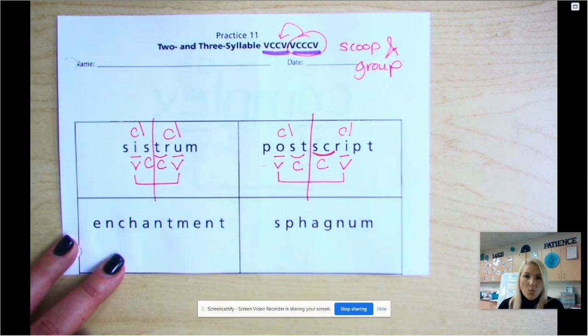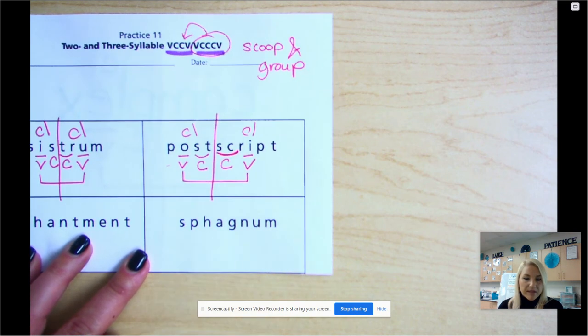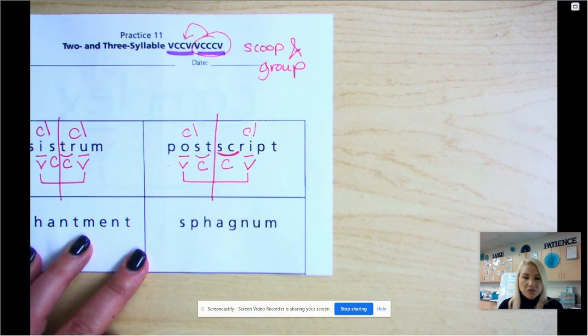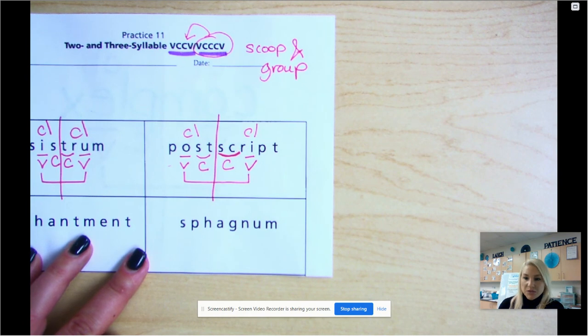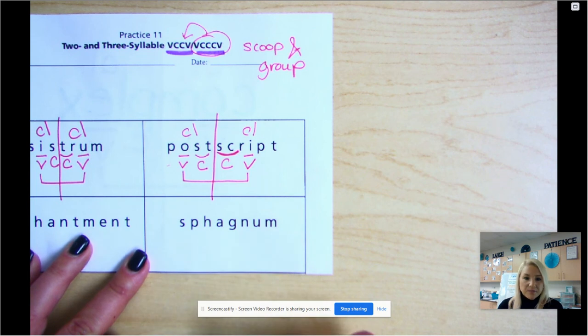Let's go ahead and look at one more word. Let's go here so we can look at a different blend that we have happening in this word, that PH. And then I'm going to go ahead and send you to your Class Kick and you're going to practice this on your own independently and turn it in for me to check. So we have to first find and label our vowels.